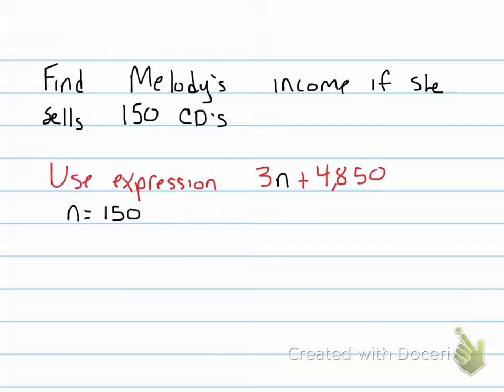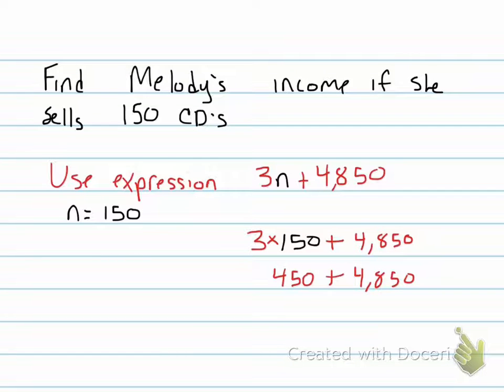So let's try this. 3 times, I'll keep it in black so you guys can see what's happening, 150, that's in for n, plus 4,850. Okay? So, first step, 3 times 150, 450 plus 4,850. Now let's find out what this is. So it's $5,300.